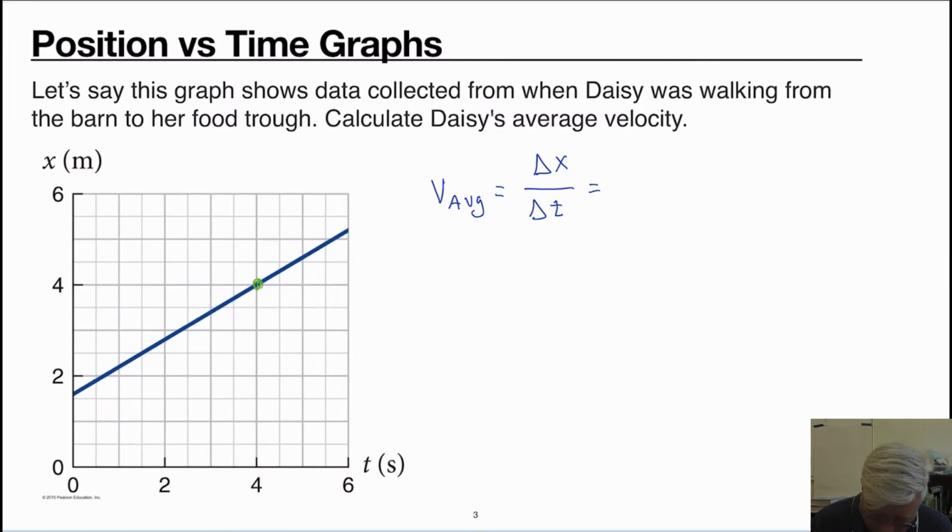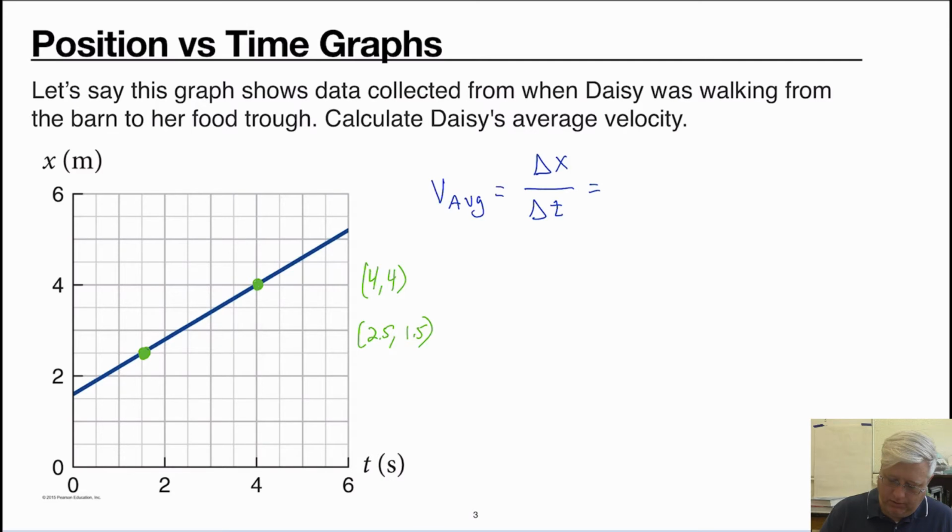At 4, 4, it looks like it really intersects nicely, and the same with right here. That's 4, 4 up here, and down here looks like 2.5, comma 1.5.